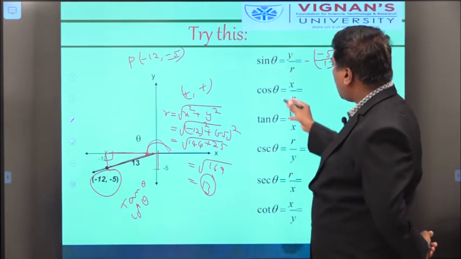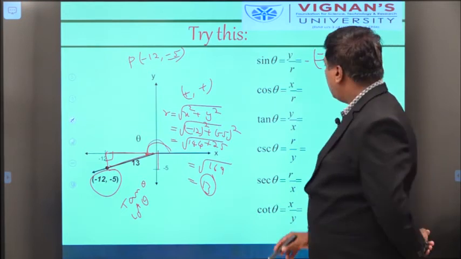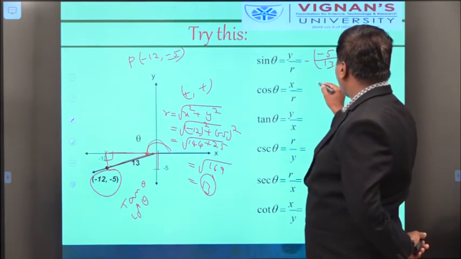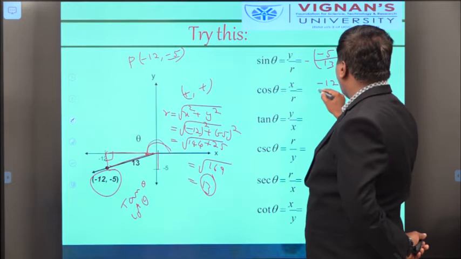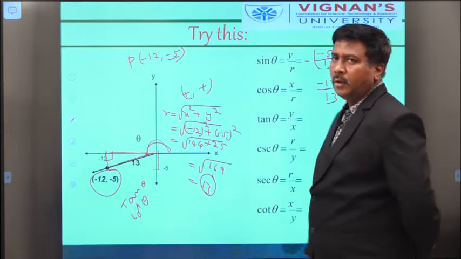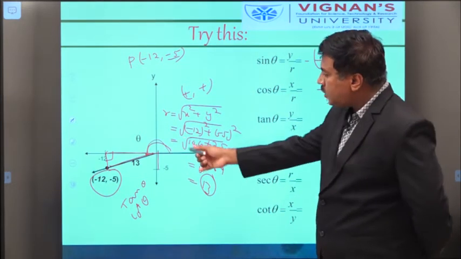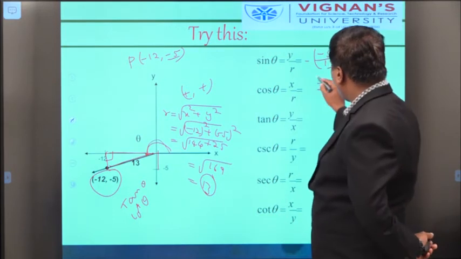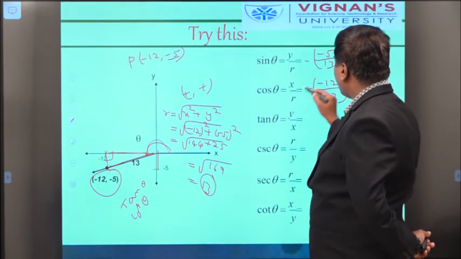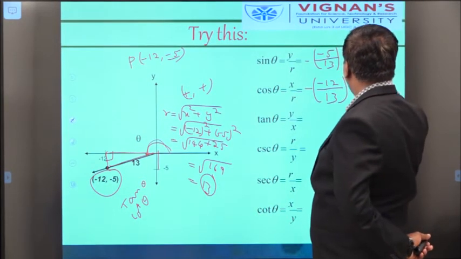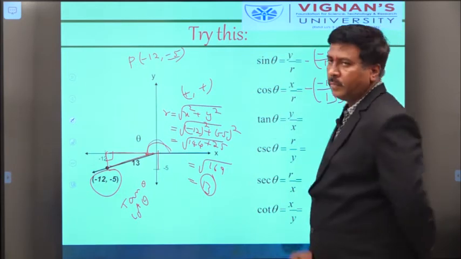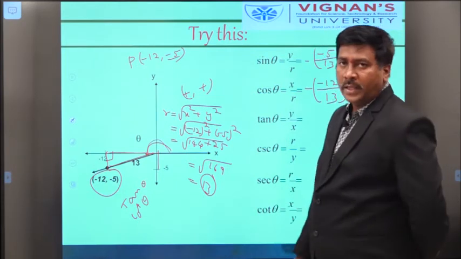Similarly, cos theta equals x by r, so the x coordinate is minus 12 and r is 13. Because theta lies in the third octant, cos theta is negative, so it equals minus 12 by 13.